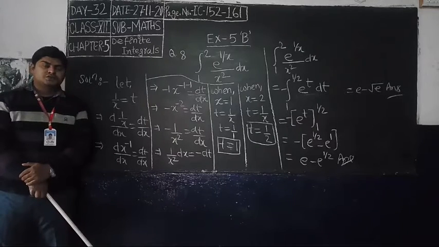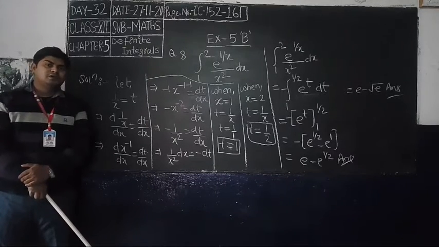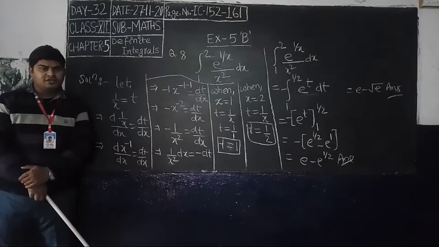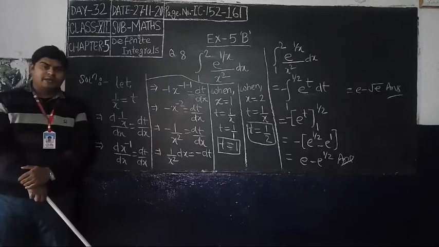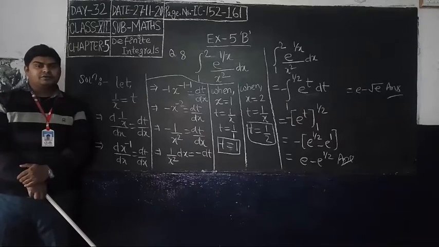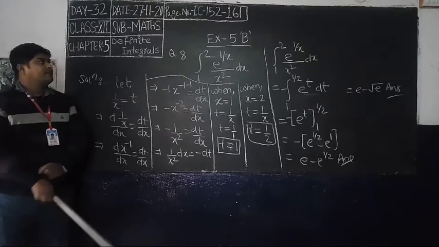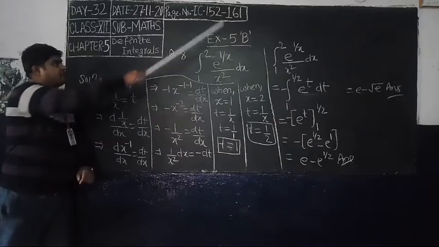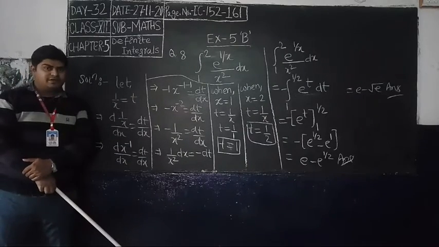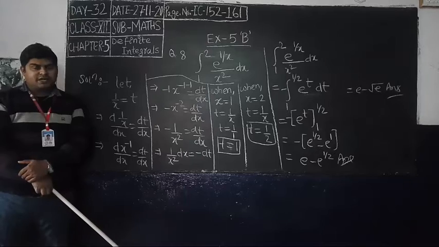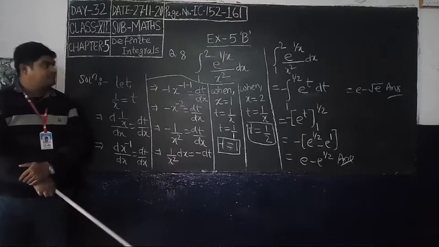Today I am going to solve from question number 8 of exercise 5B. So I kindly request all of you to please sit with a pen, notebook and your mathematics book, and turn to page numbers 152 to 161. Let us see question number 8 of exercise 5B.